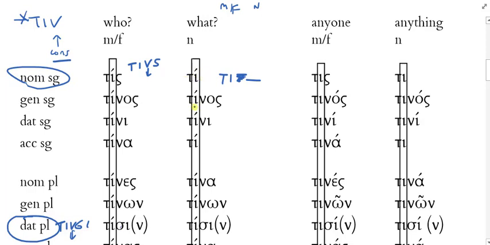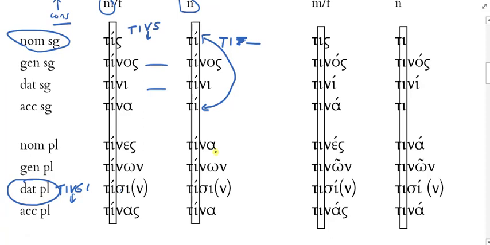Now, so ti. Now, the genitive and datives, because this is masculine and that's neuter, you learn that they're the same ending, right? So they're going to look the same here. And since the feminine happens to match the masculine on this form, they're all going to look the same. So tinos and tini. And then ti and ti are identical because neuters are the same in the nominative and accusative. Okay? All right.